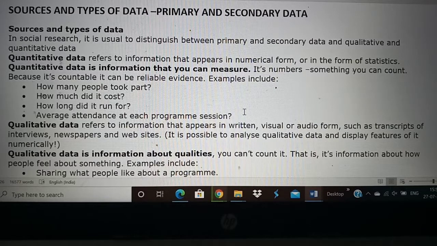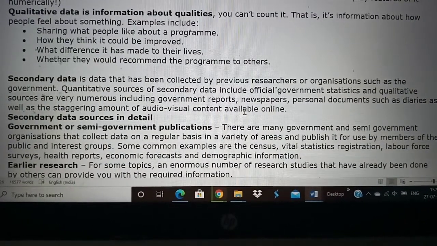This qualitative data cannot be counted because it is not in number form. It is information related to how a person feels. Suppose you ask a person whether they are happy, for example information regarding a disease after they are cured of it, like a leprosy patient or an HIV patient.